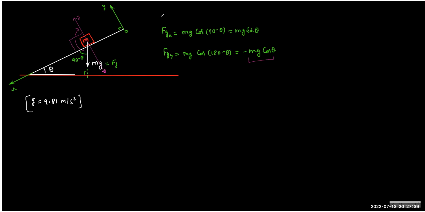So now coming back to the same question. If I do not mention the x and y axis, if I simply tell you that this is theta, this is the mg, just replace the block by a line. And I'm asking you, can you resolve in the two mutually perpendicular directions, this and this?